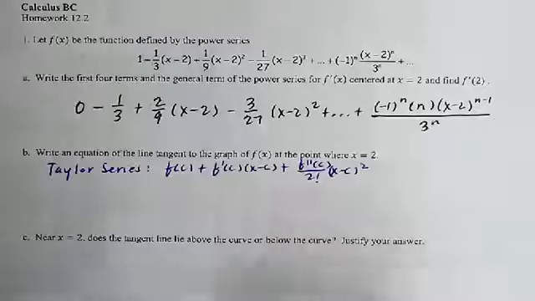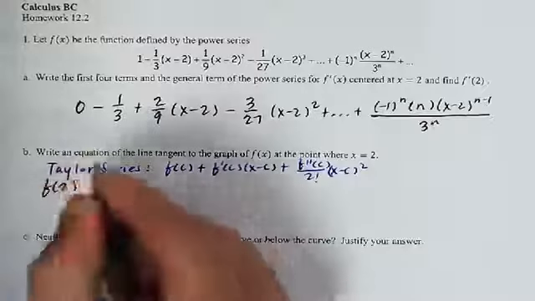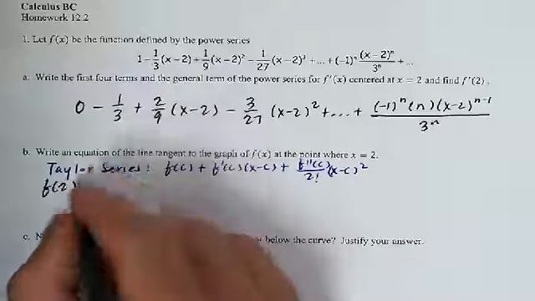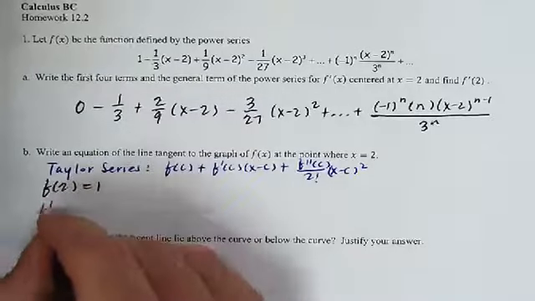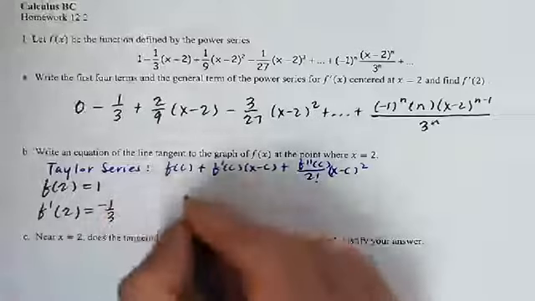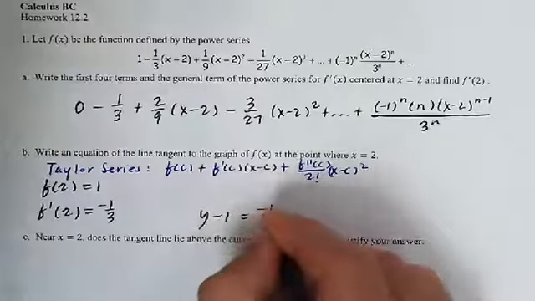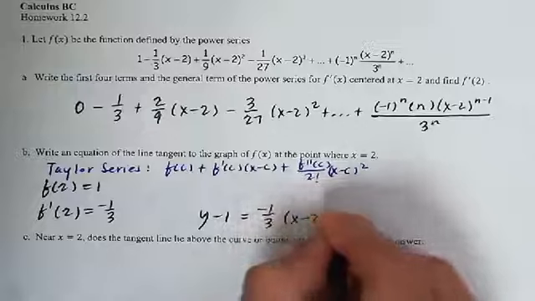So I can go over here, and f of 2 is clearly up here written out, it's 1. F prime of 2 is negative 1/3. So I've got a point and a slope. My tangent line is going to be y minus 1 is negative 1/3 of x minus 2.